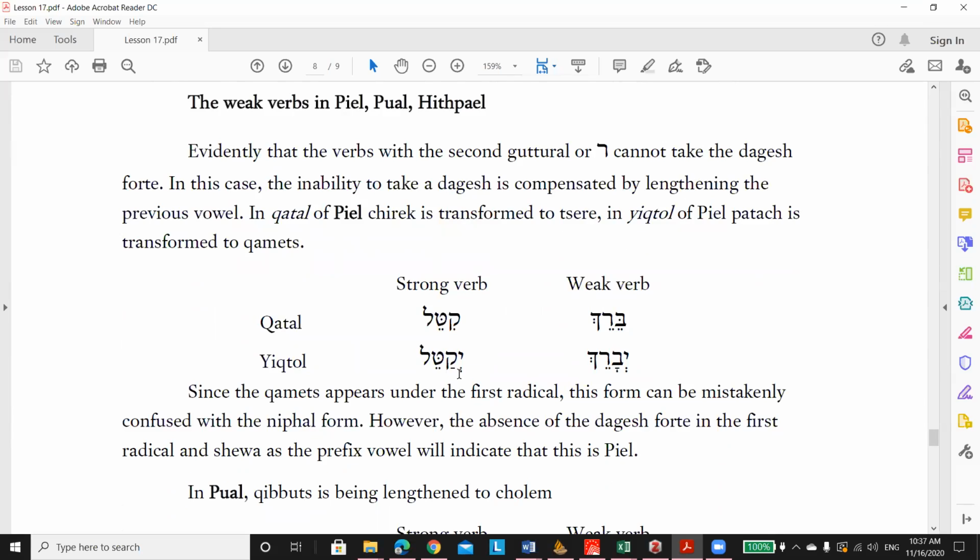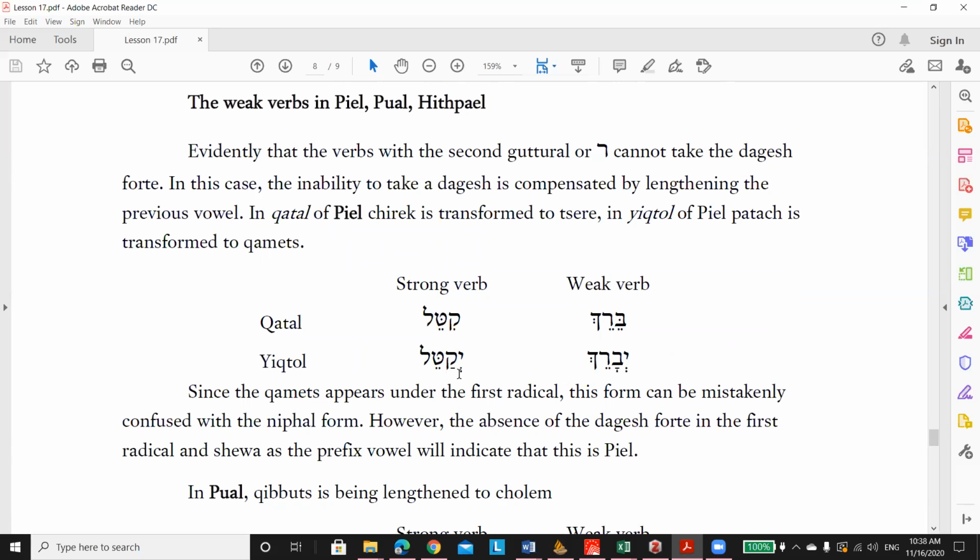The way they do it is very similar to how they do it in other stems. So if dagesh is impossible to put in the second radical, something else should happen to the word so it can indicate that this is the case.